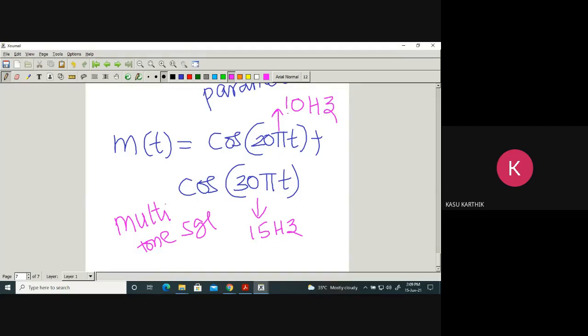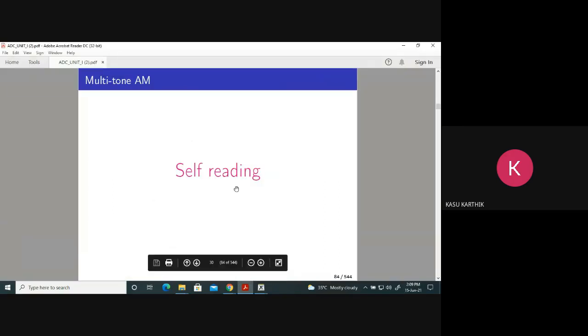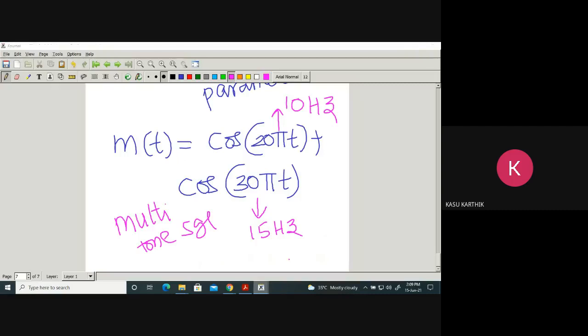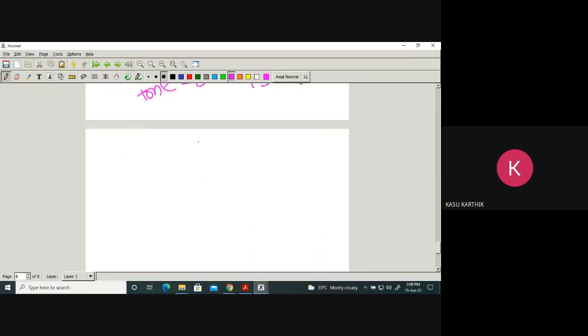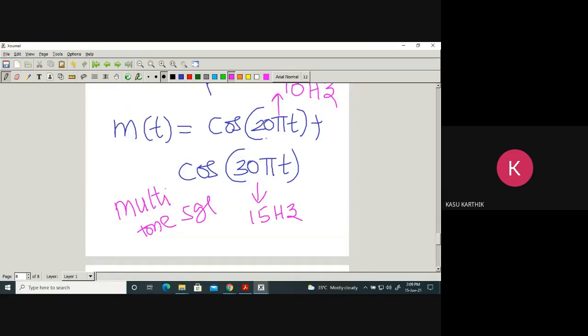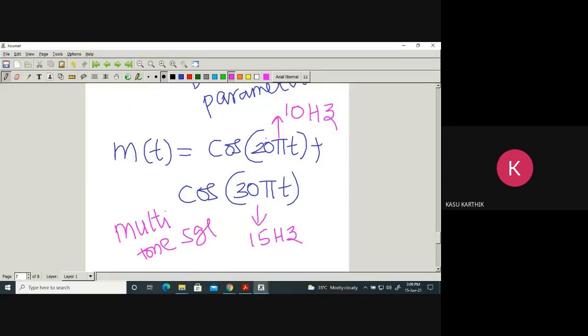Now, what happens if m of t has more than one component? You just take a sum of cos terms or sin terms, and try to read on your own. This is very, very important. I leave it to you as self-reading. I gave you the simple logic. So what is the mod of m of t, suppose it is like this? How do you find it out?